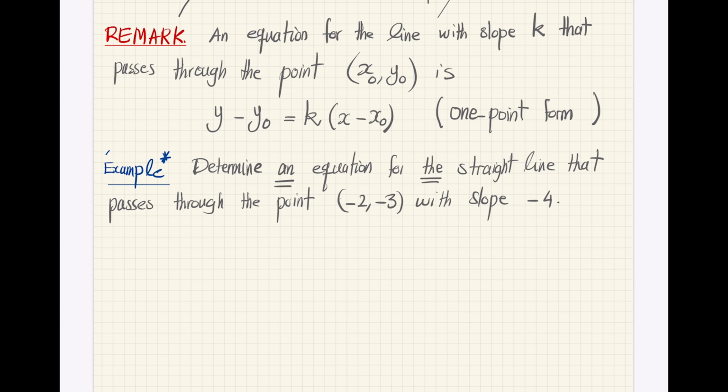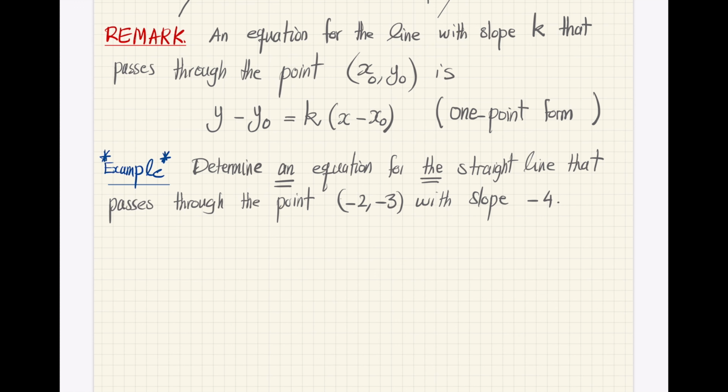So this is a typical problem. It's a very simple problem, but a very important one. If I want you to write an equation for a straight line, for any straight line, I need to provide you with two pieces of information. I need to give you a point on the line. I should also give you the slope of your line. This is the standard way of asking to write an equation.